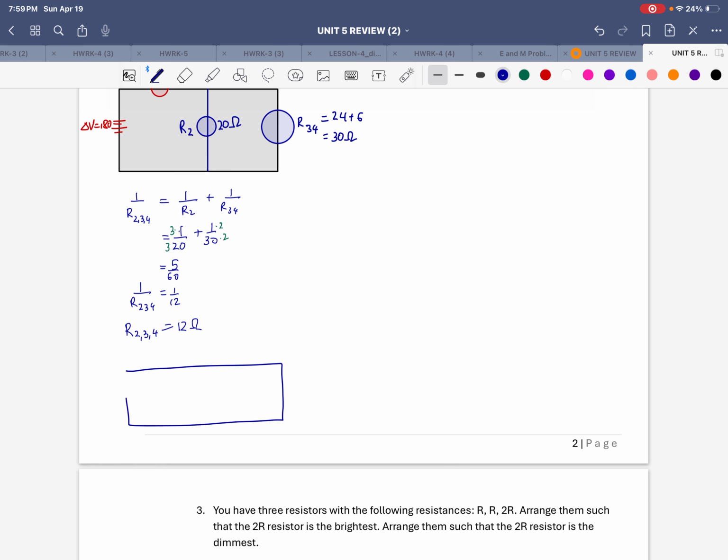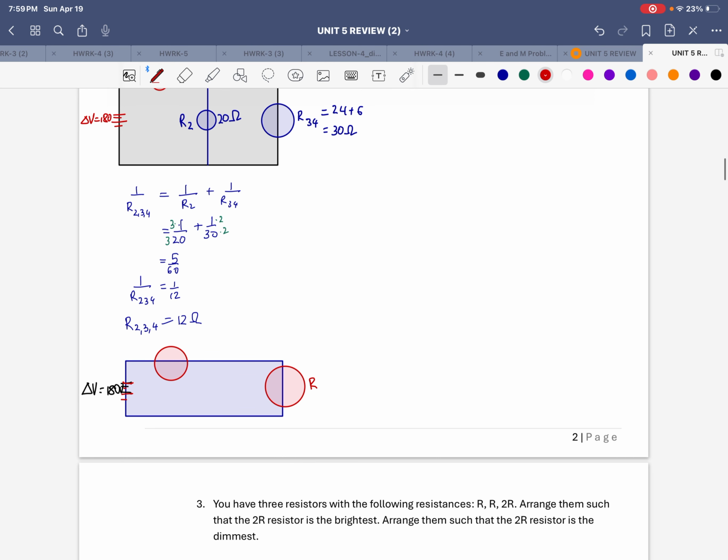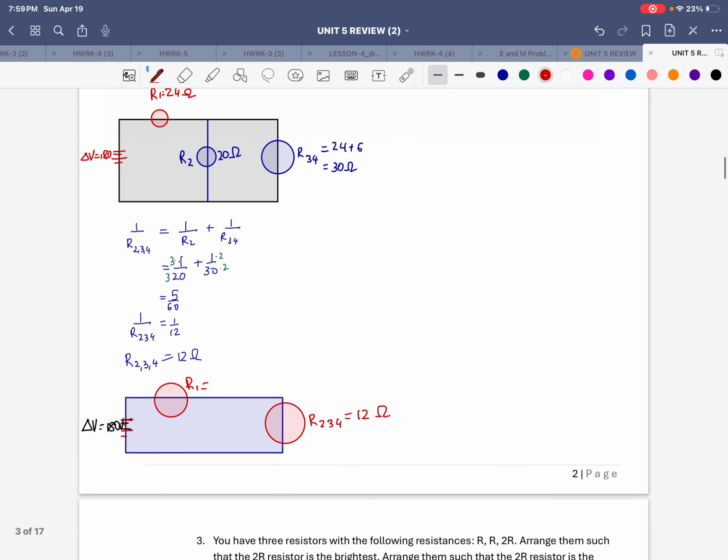So again, let me give it a try. So we have the circuit. Here is the delta V equal to 180 volts. Let me make this red as it was before. And we have the resistor R1, and the resistor R234 now is altogether equal to, we said, 12 ohms, and this one still is 24.